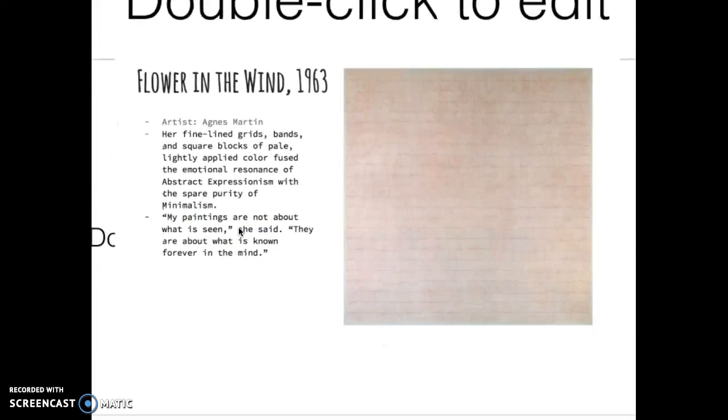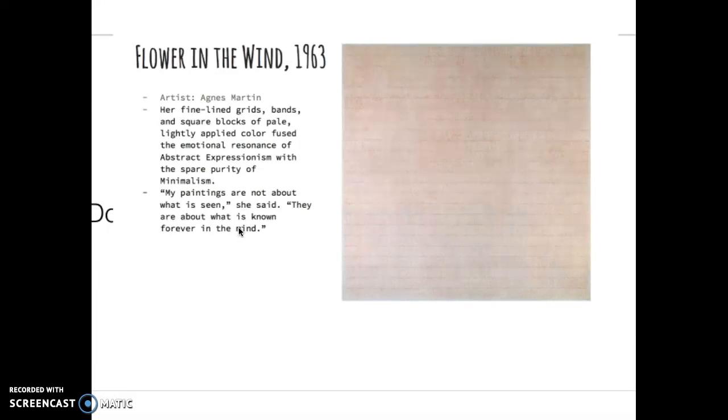So this is the lovely Flower in the Wind by Agnes Martin. This deals with the idea of mark making and patience and time and the meditative nature of work that goes into art. Anytime you're really getting into something that's engrossing through the rote nature of it, this is the kind of work that Agnes Martin is referring to.